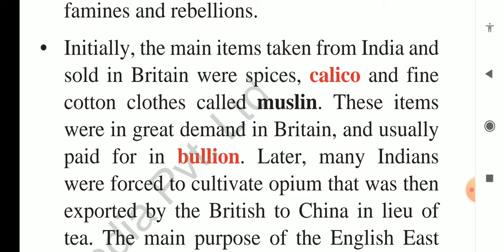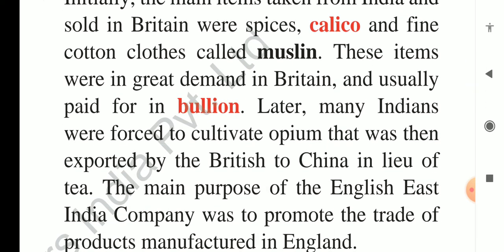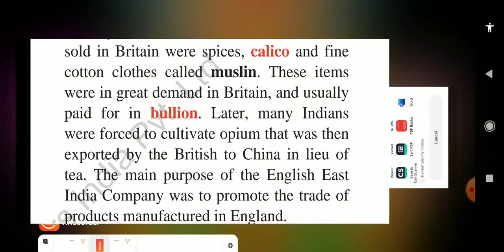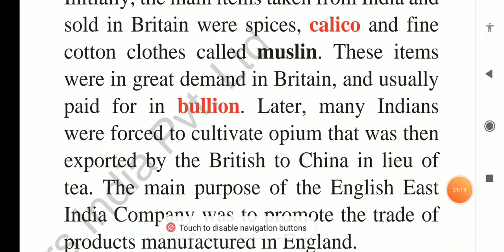These items were in great demand in Britain and usually paid for in bullion. So in Britain, there was a great demand of these items, and it was paid for in bullion.